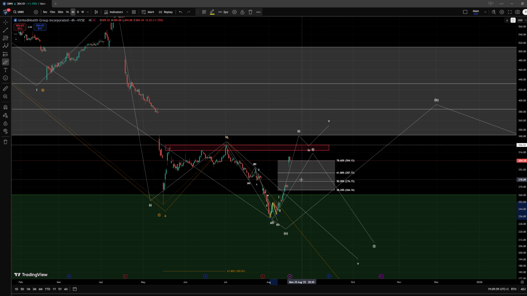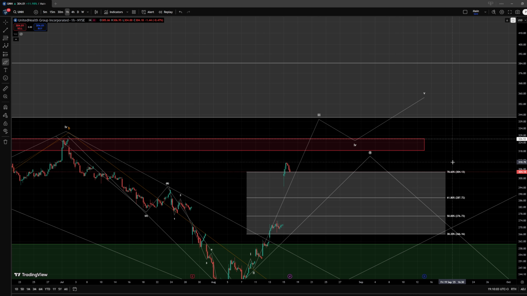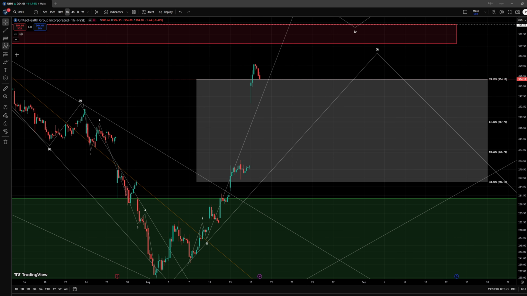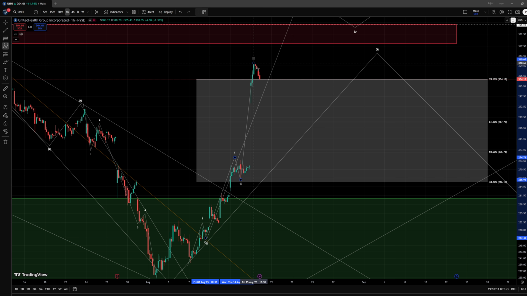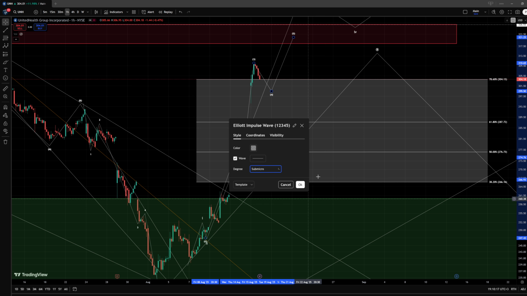Because we do also have this small movement here. And taking a closer look in the smaller time frame here, I am still looking for a smaller count in this area where we have a 1, 2, 3, 4, 5 to complete. And let me make these smaller degrees.